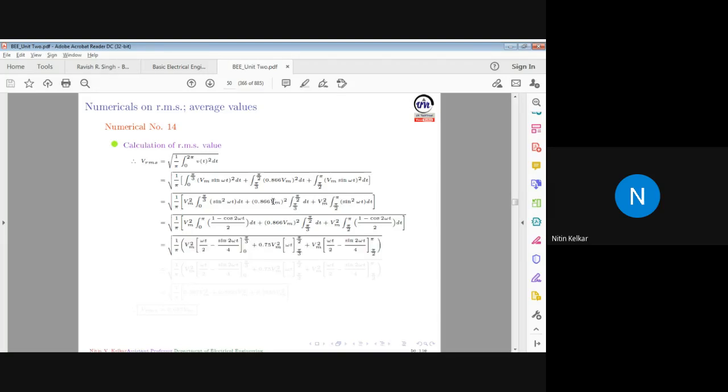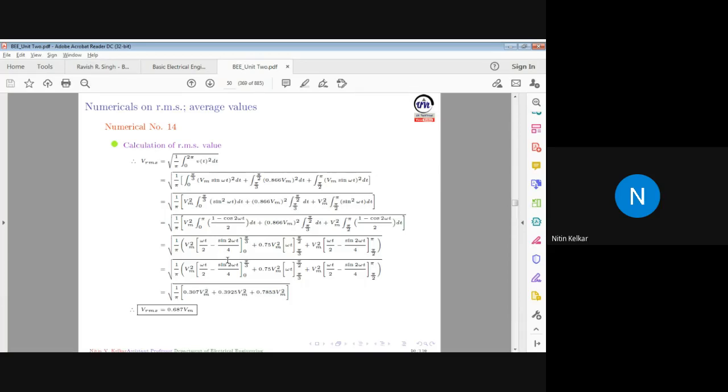So I have simplified it further. Here I have carried out the integration of all the terms which are present over here. And now if I substitute the proper integration limits and continue my calculation further, this is what I am getting at the end.